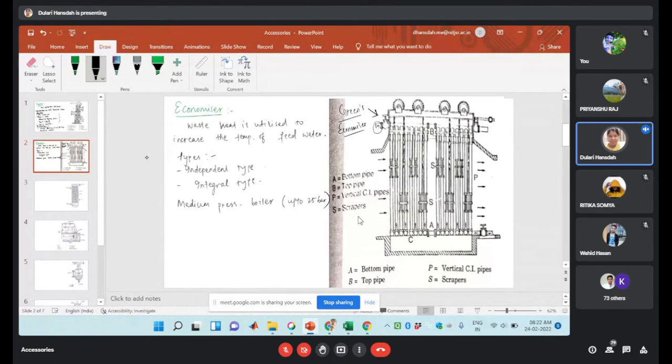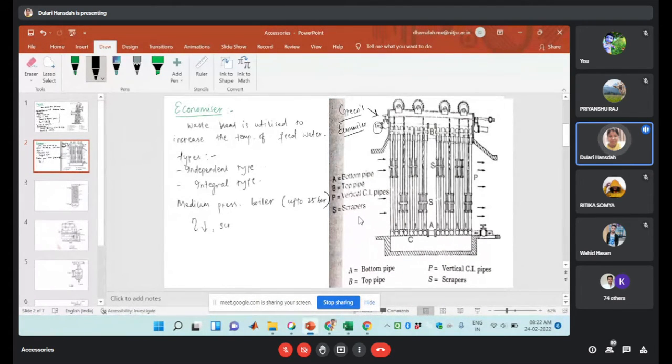Okay. So here we are using scrapers. Scrapers are needed because if there is a continuous flow of flue gases, soot will be deposited on the surface of the vertical tube, that is P. Because of that, the heat transfer will decrease and the efficiency of the economizer will also reduce.